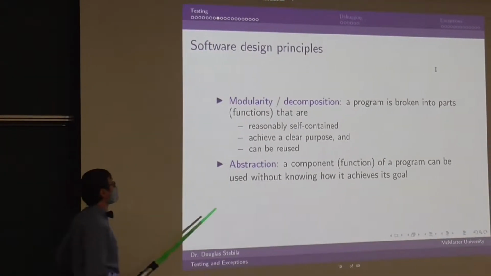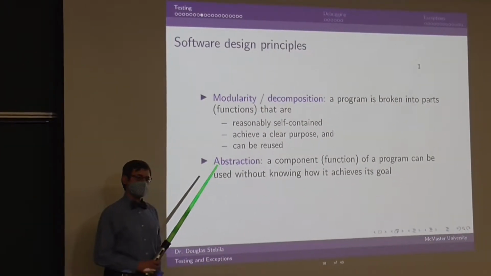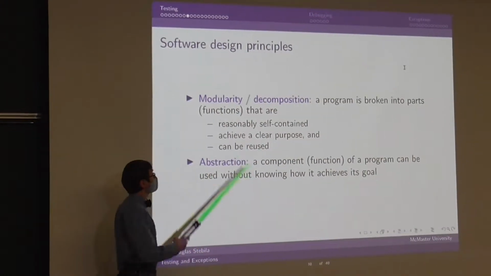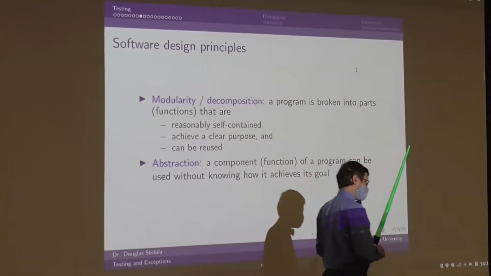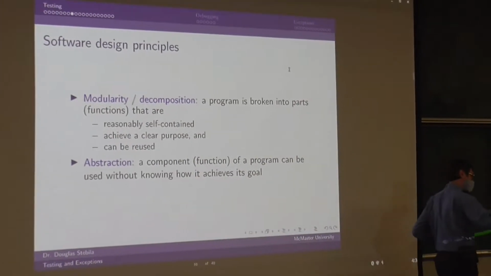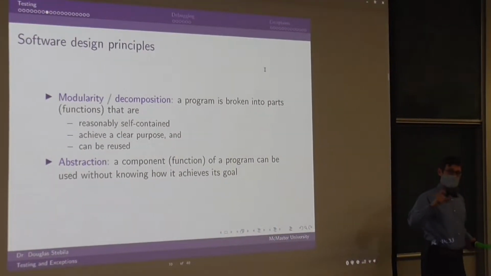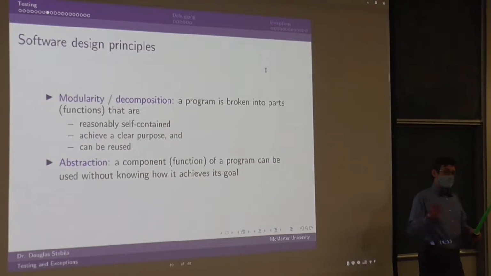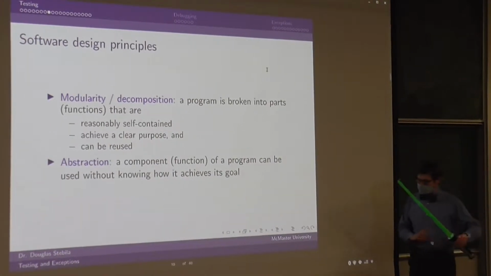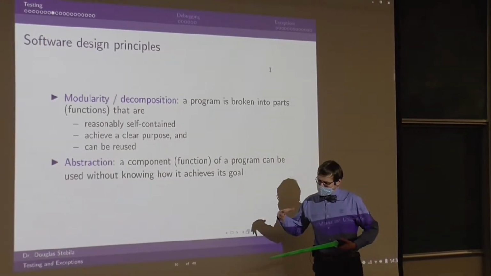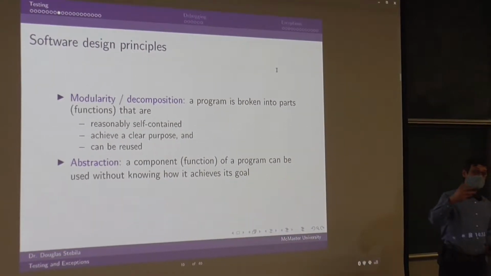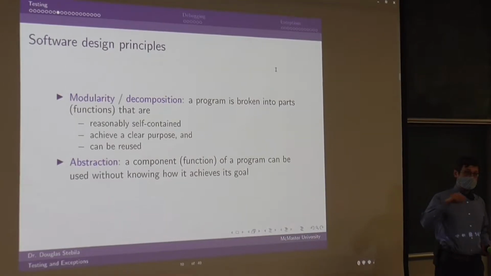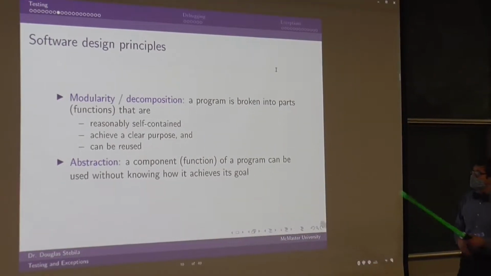And just a reminder of our well-versed software design principles, modularity and decomposition is the property of having your program so composed that many of them could be stuck together, one could be swapped for another. This is aided by a view of software that is centered on input and output.